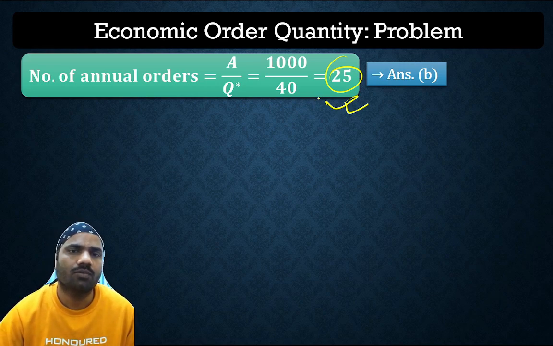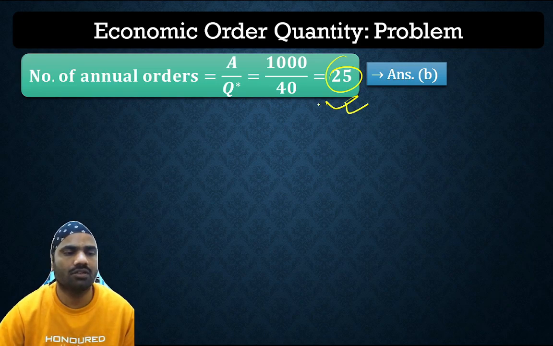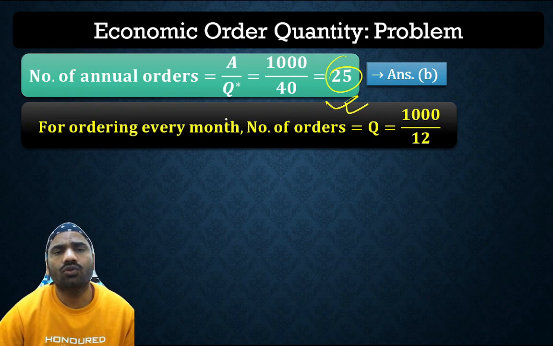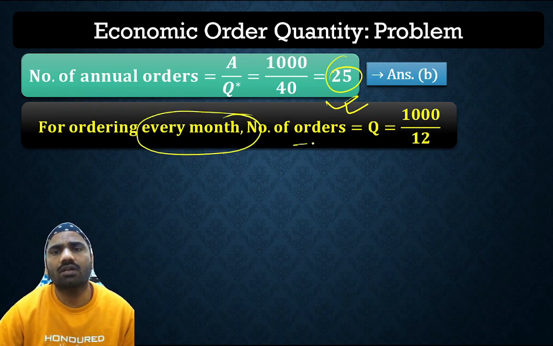Next part, we have to find the total annual cost by comparison of total annual cost if we are placing the order monthly. If we order every month, the number of orders will be 12.